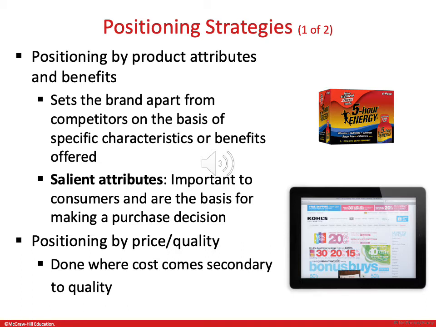But they don't want to spend money to buy and maybe consume other beverages. They're just looking for energy. So 5-Hour Energy is really singularly focused on this idea of, hey, drink this little bottle of fluid and you're going to have 5 hours worth of energy. So very specific product attribute and benefit.